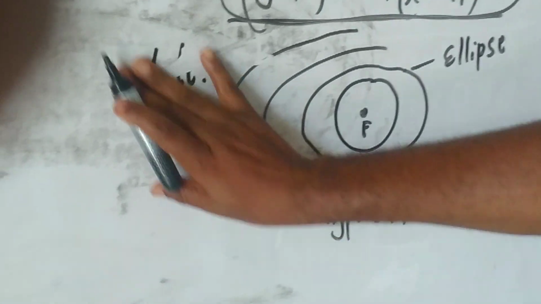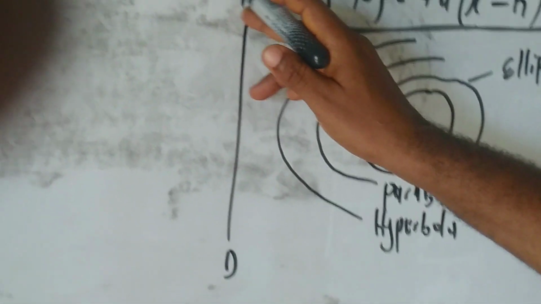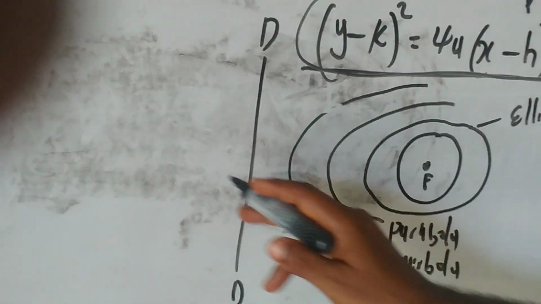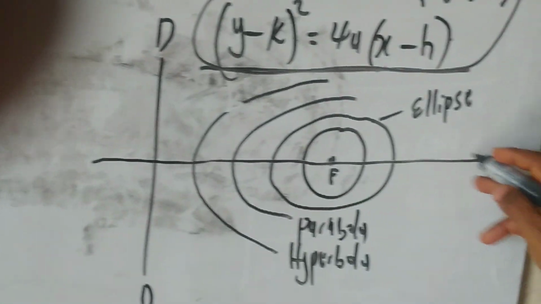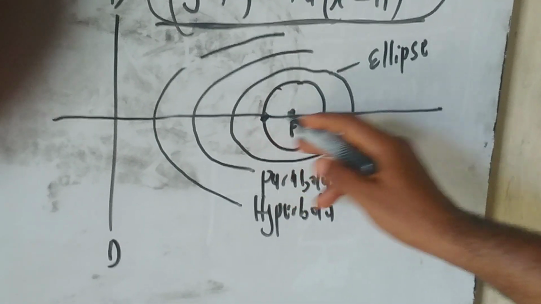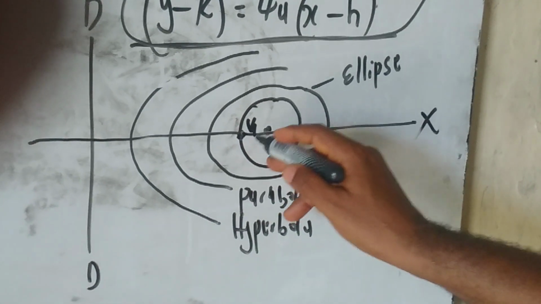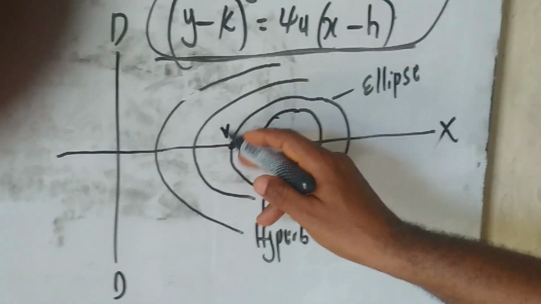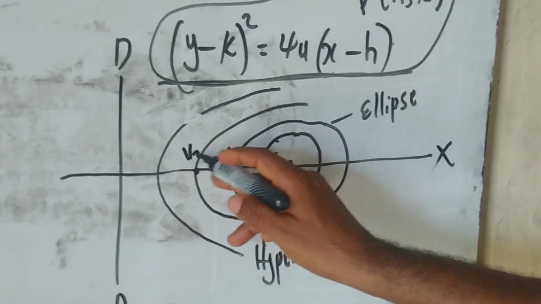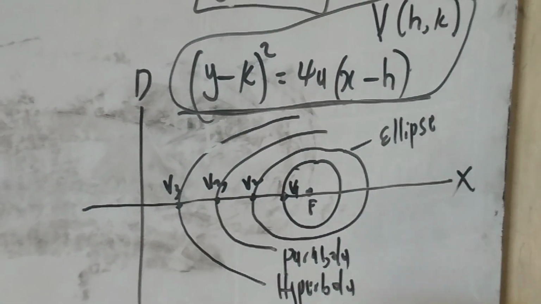All are related to the directrix DD here. Now, if I draw a straight line through the focus, you can see that where it cuts each of the curves is called the vertex. Call this one vertex b1, this vertex b2, this place vertex b3, and this place vertex b4.